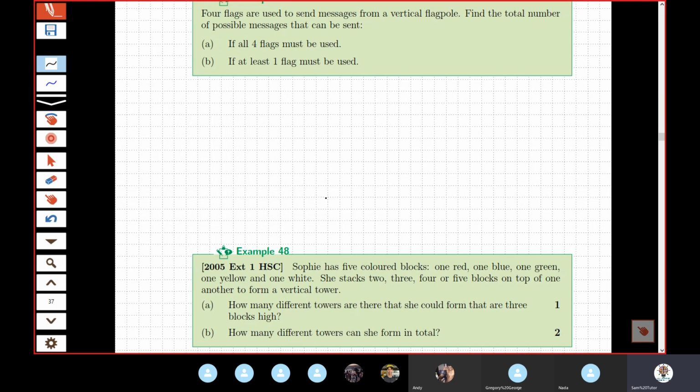A is 4, and B is 4, because all 4 must be used. Okay. Done?